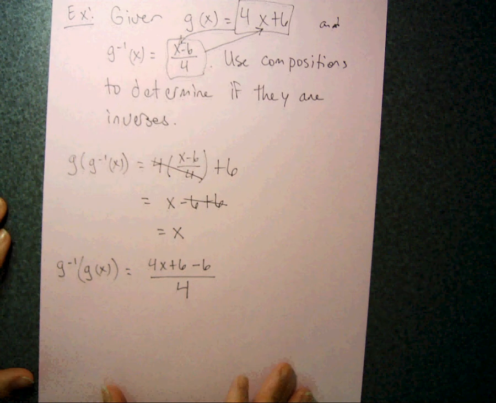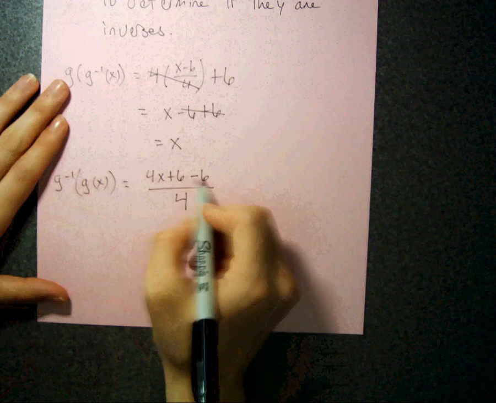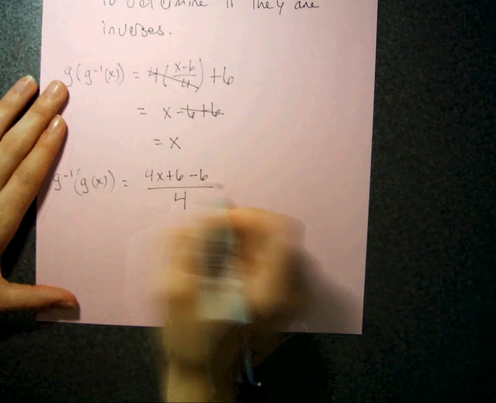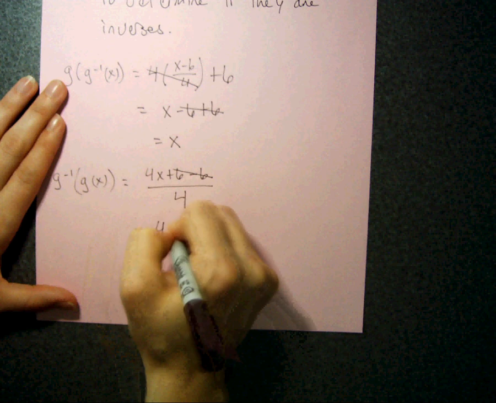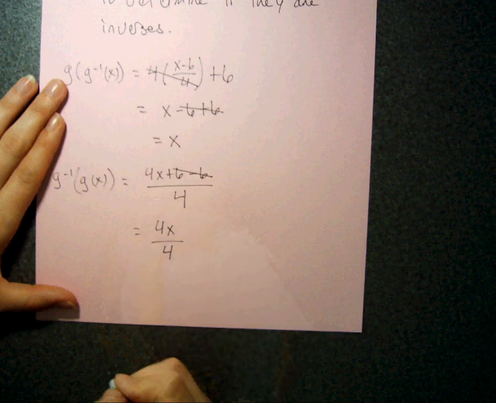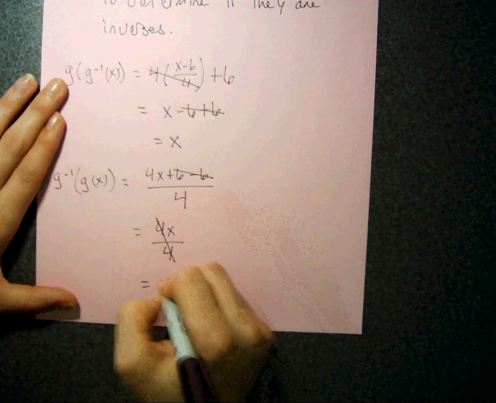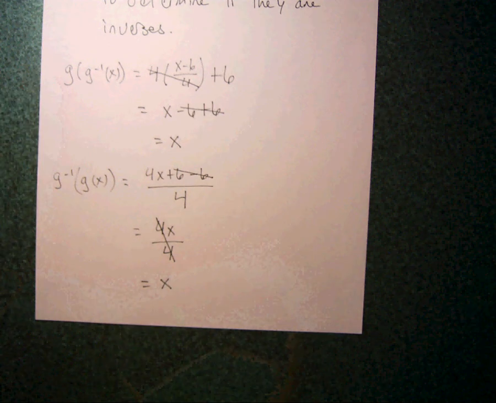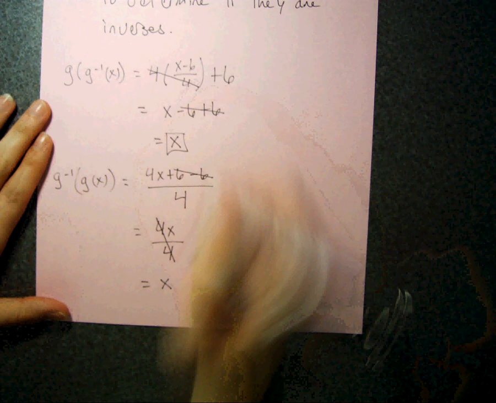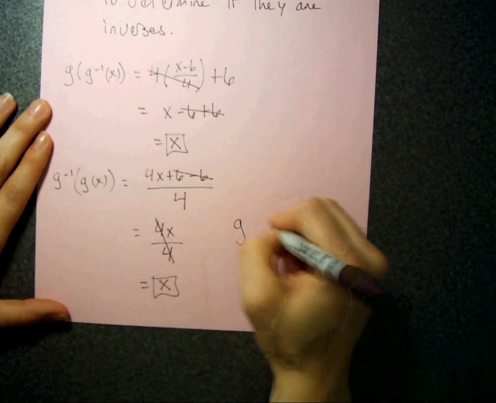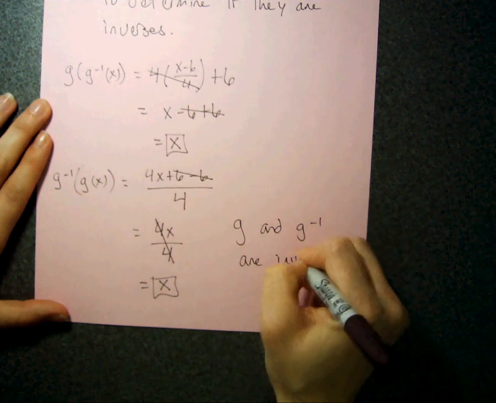We okay with that? Yeah? All right. So just using a little algebra to simplify, 6 minus 6 cancels out, 0. And I get 4x divided by 4. 4 divided by 4 is 1, so those cancel out, and I do end up with x. So since the composition both ways yields x, I know that g and g inverse are inverses.